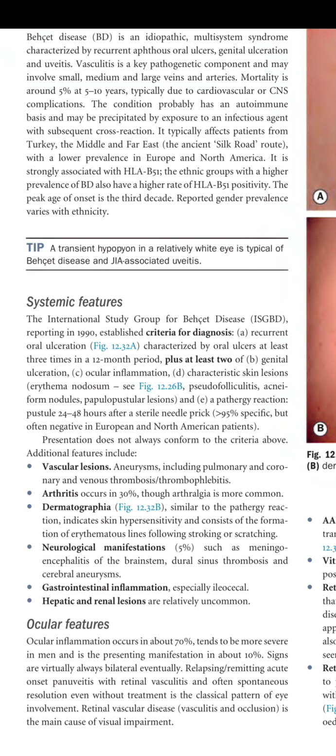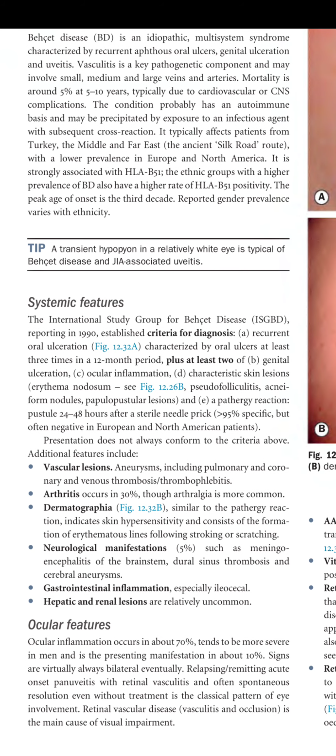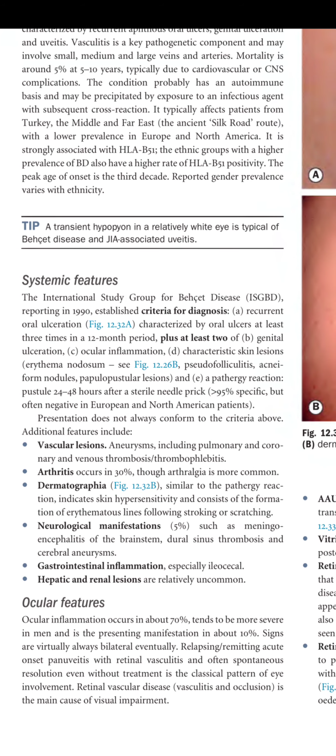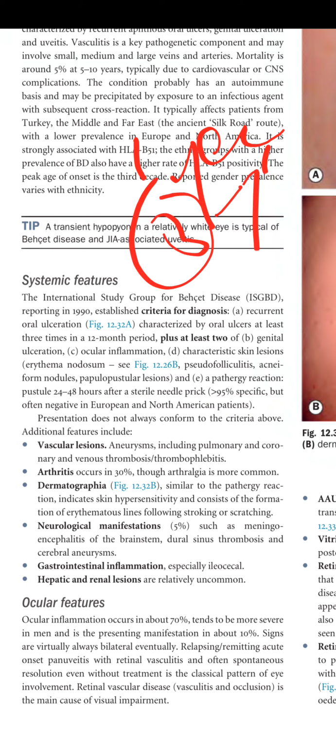The International Study Group for Behçet disease, ISGBD, reporting in 1990, established criteria for diagnosis. Number one is recurrent oral ulceration, characterized by oral ulcers at least 3 times in a 12-month period. So within 1 year, if a patient is getting oral ulcers at least 3 times, then it is one of the criteria and it is recurrent.